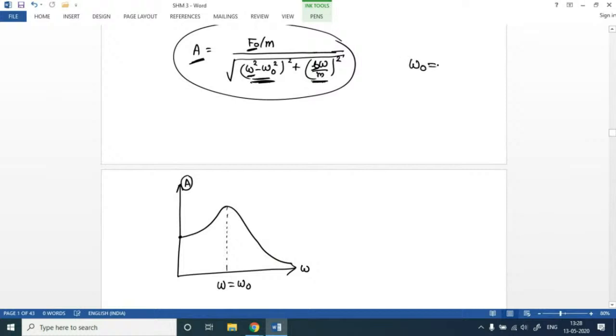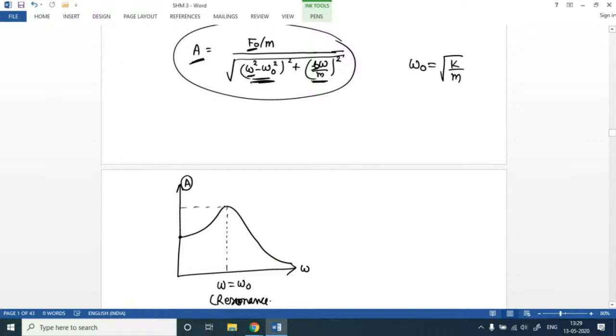Omega naught is nothing but root of k by m, which is the natural angular frequency of the system. This is the condition of resonance.